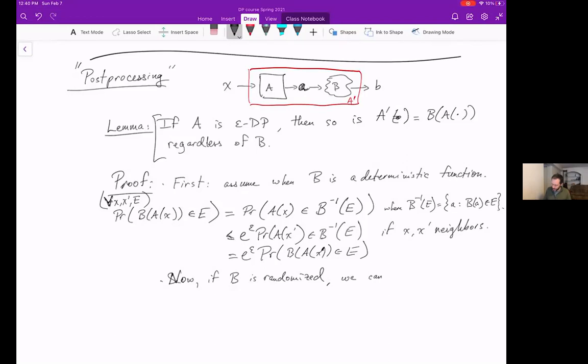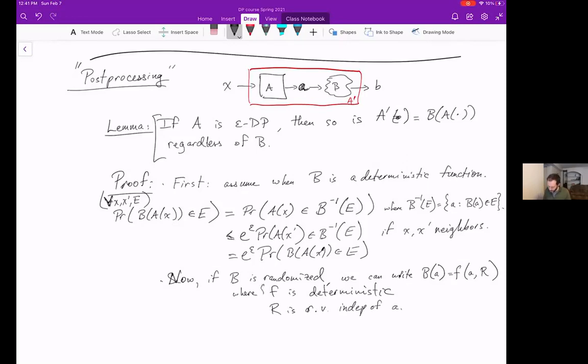And the idea is that we can write the execution of B on input A as some deterministic function F applied to A and some randomness R. So here F is deterministic and R is a random variable that's independent of A and x and everything else.